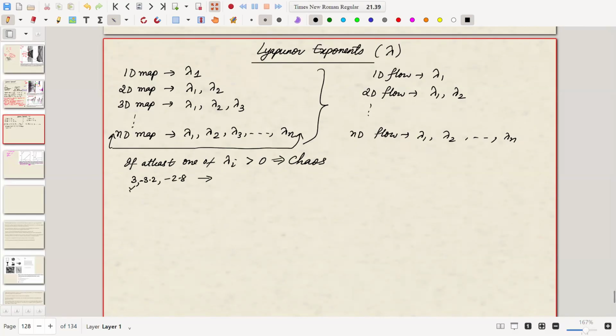Yes, because at least one of them is positive. Suppose 3.2, 3.6, minus 3.6. Is this chaos? Yes, but it is even more than chaos because there are two positive Lyapunov exponents. This is known as hyper chaos.